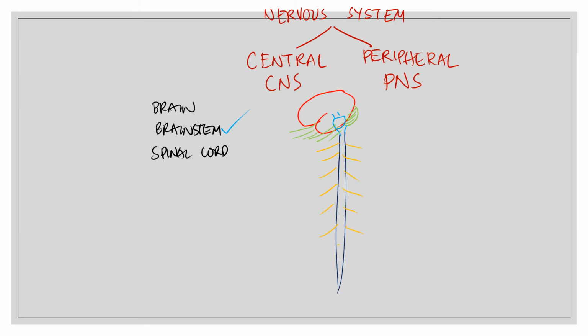Okay, so that's your peripheral nervous system, your cranial nerves and your spinal nerves. Your spinal nerves, of course, will eventually turn into your median nerve, radial nerve, etc.